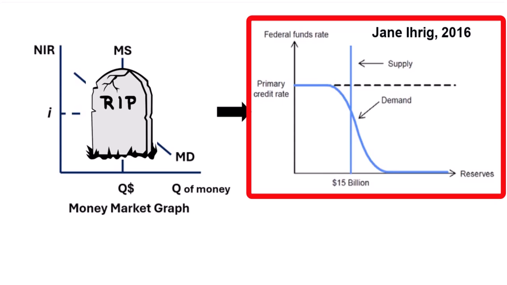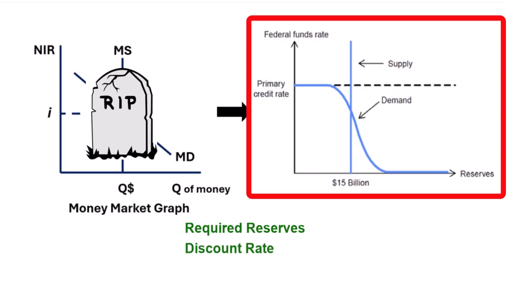Now, do you notice here, just so you know, a lot of things that you taught about the money market graph apply to the limited reserves framework graph on the right. For instance, you should still teach about required reserves. You should still teach about the discount rate, which is now considered to be the primary credit rate here in the US.